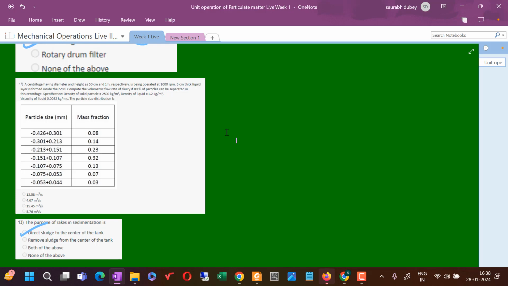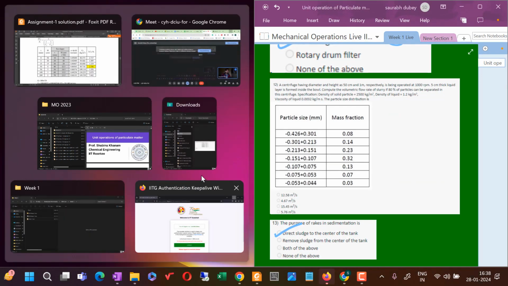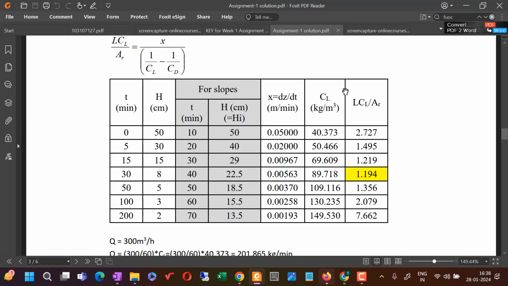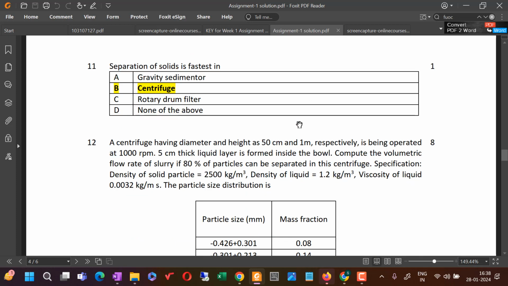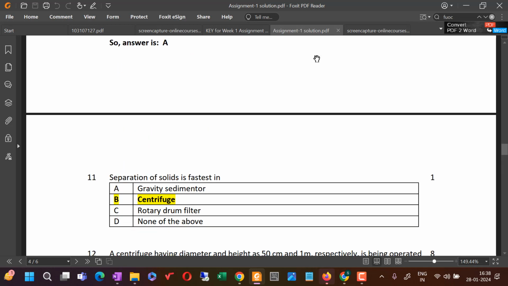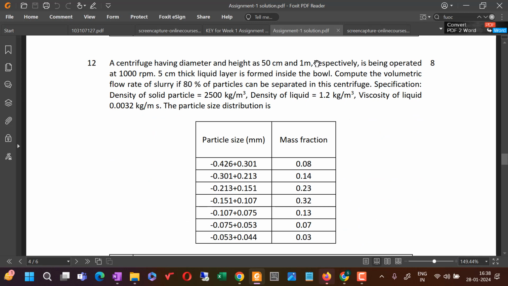So in order to solve this question, this is the question that is there: a centrifuge having diameter and height of 50 centimeter and 1 meter respectively is being operated at 1000 rpm.